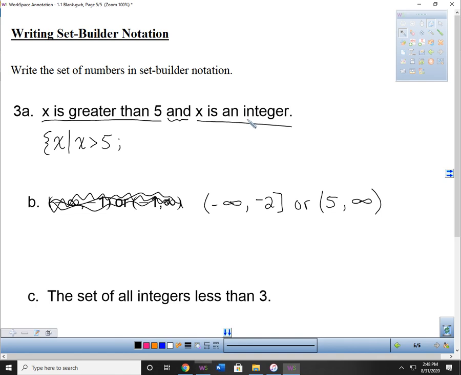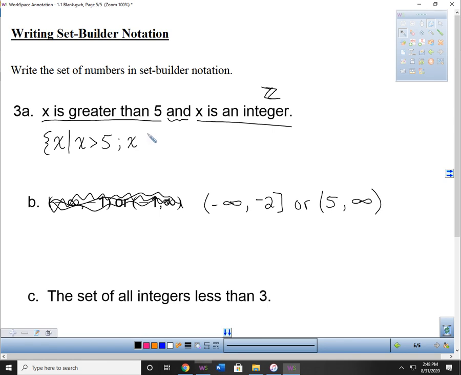And then I have to show that x is an integer. That's where the symbols come in. So the symbol for integer is a Z, and then you're going to put an extra diagonal right there. So it kind of looks like a funky Z. All right? So you're going to say x, and then you're going to learn a new symbol here.